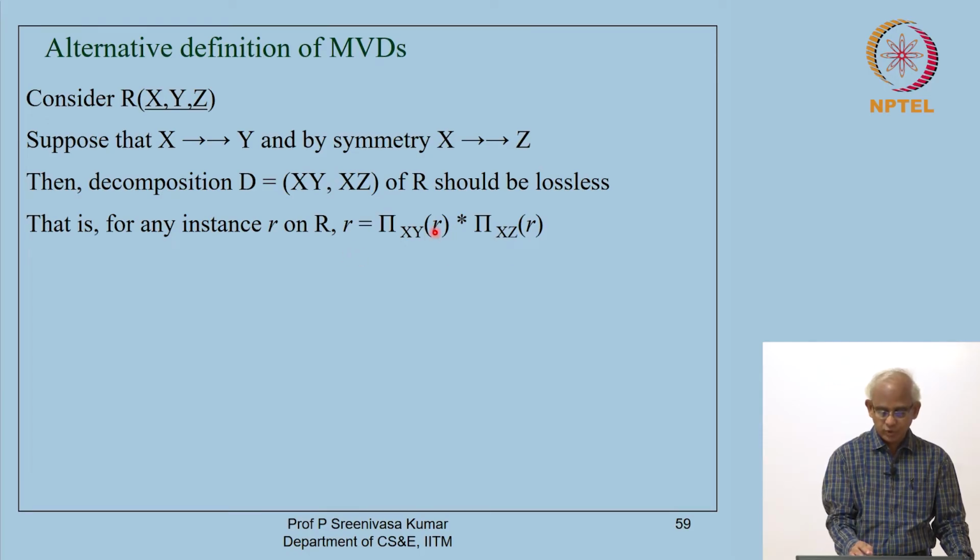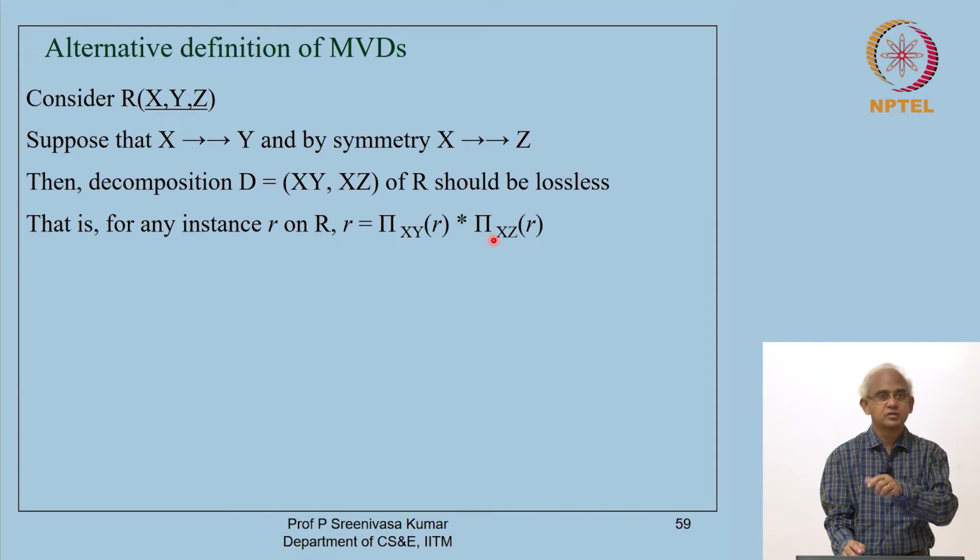So, if you do a projection here, for example, in the roll number, course number, friend email address example, if you do a projection on roll number and course number, you will get for every student all the courses he or she is doing, and here you will get for every student all the friends he or she has, right, and the key here will be xz and the key here will be xy.